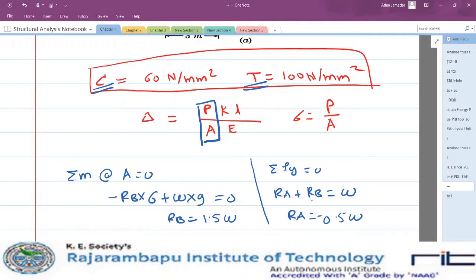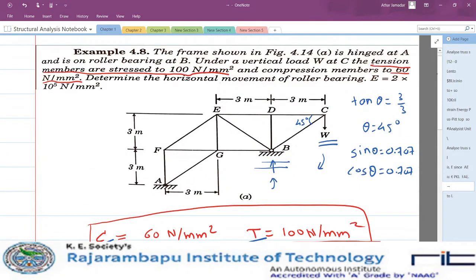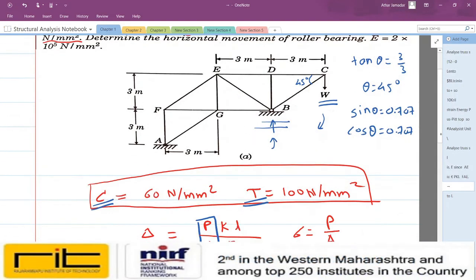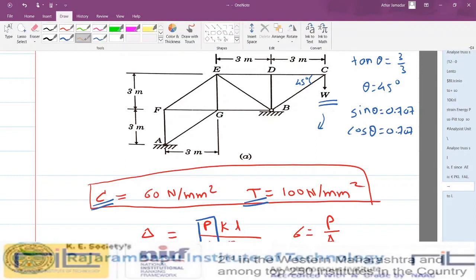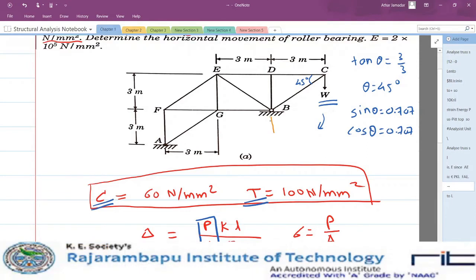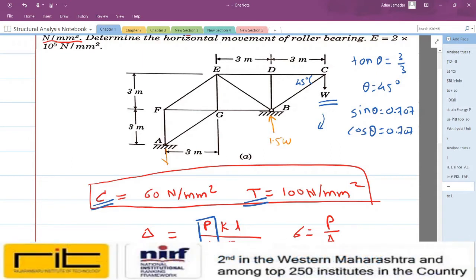W minus 1.5 times W. So RA should act in downward direction. Here we will show RB as 1.5 times W and RA as 0.5 times W going downwards.